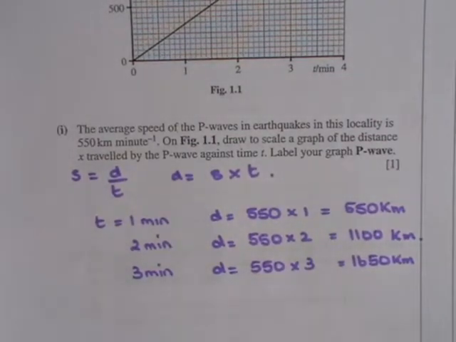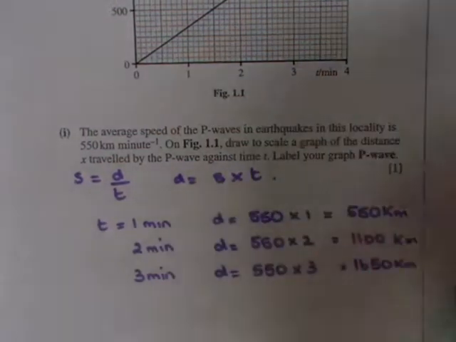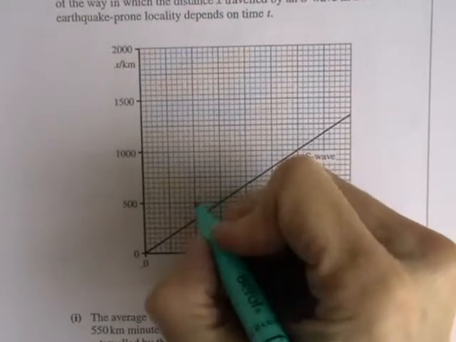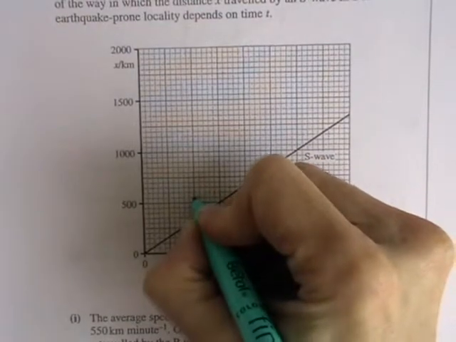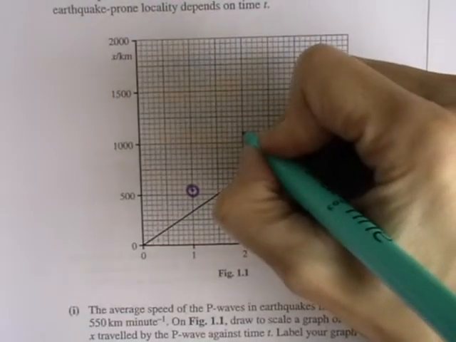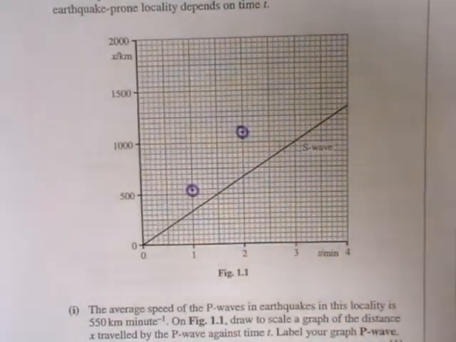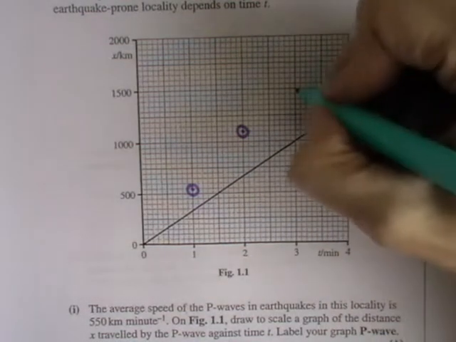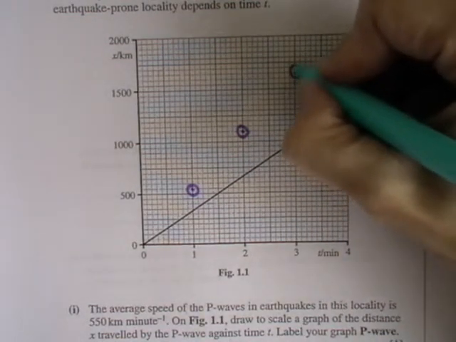Okay, so we're just going to put those onto the graph. The first one is 1, 550, and 550 is there. The second one is 2, 1100, 1100 is there. And the third one is 3, 1650, and 1650 is there.